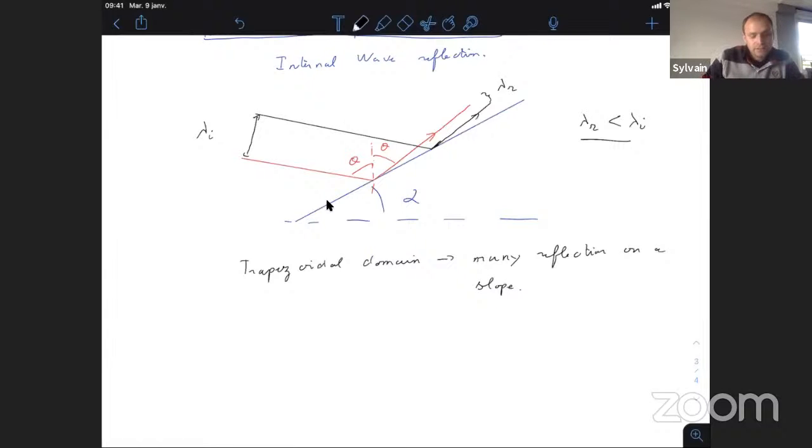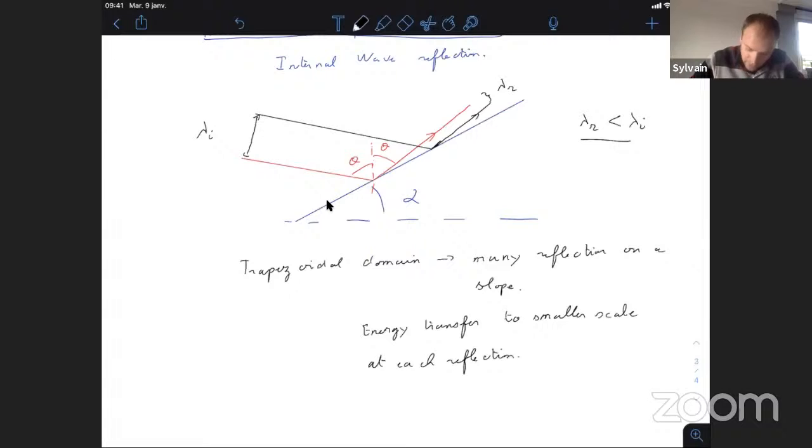So we have this energy transfer to smaller scale at each reflection.